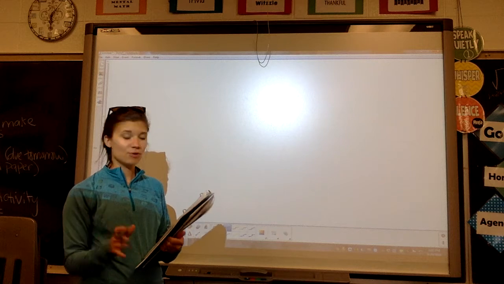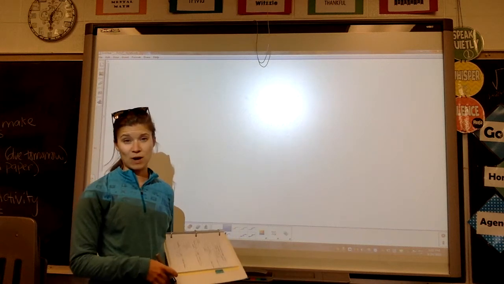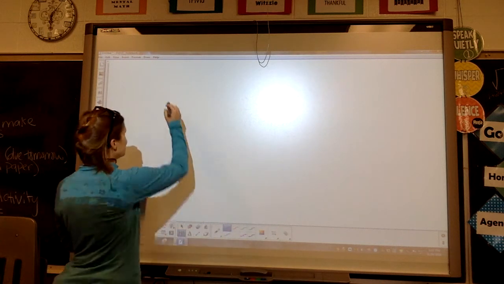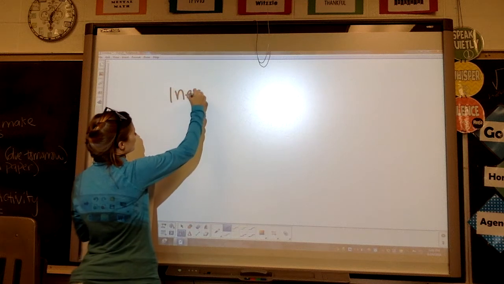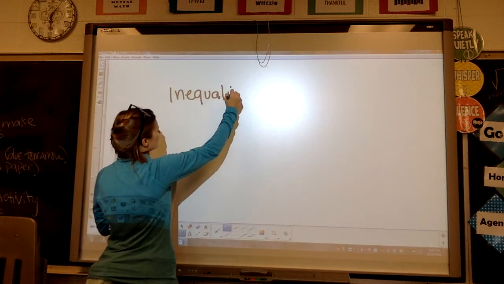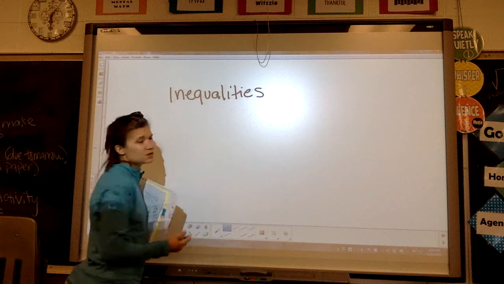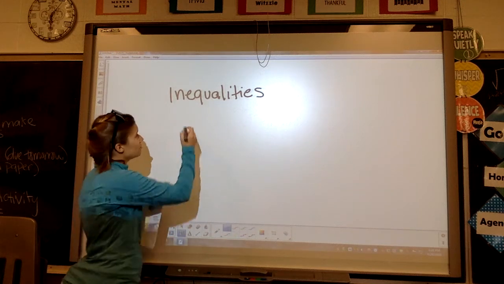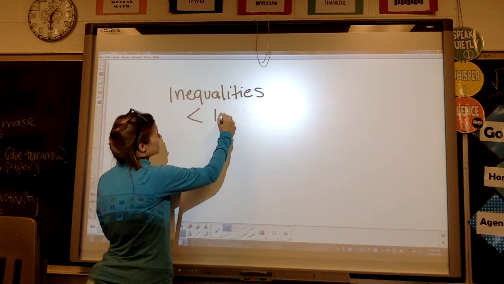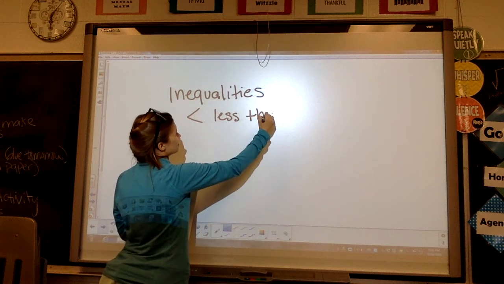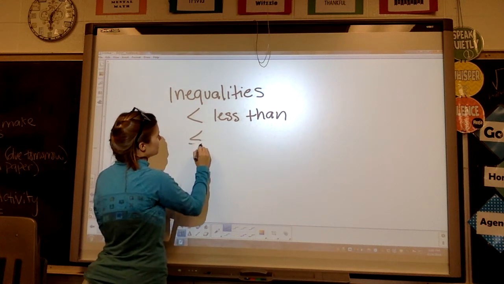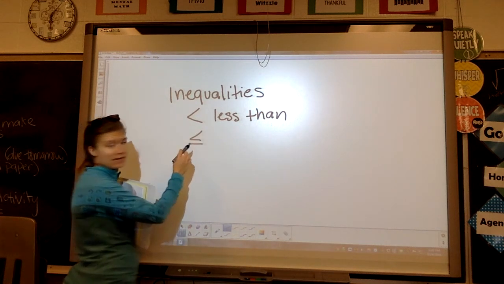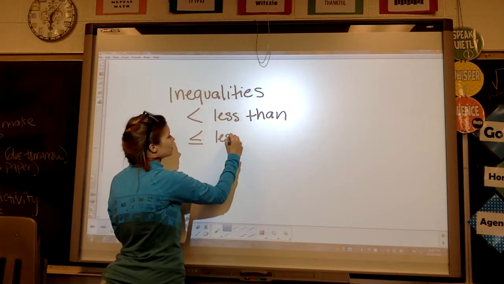All right, so the next thing we're going to talk about is inequalities, and you guys have learned about these before too. So we've got a few different symbols. We've got the less than symbol. We have the less than or equal to. That's what the little line under means.